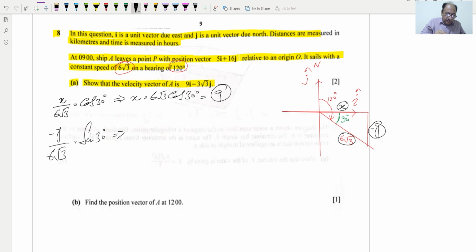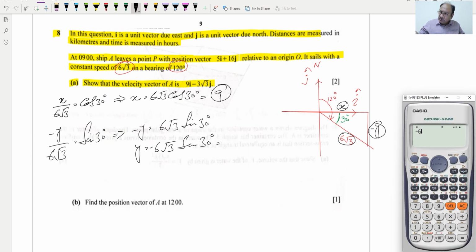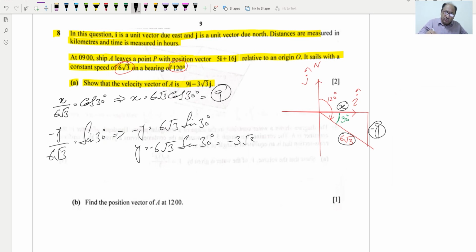This implies minus y is equal to 6 root 3 sine of 30 degrees, which we can write as y equal to minus 6 root 3 sine of 30 degrees, which is equal to minus 3 root 3.